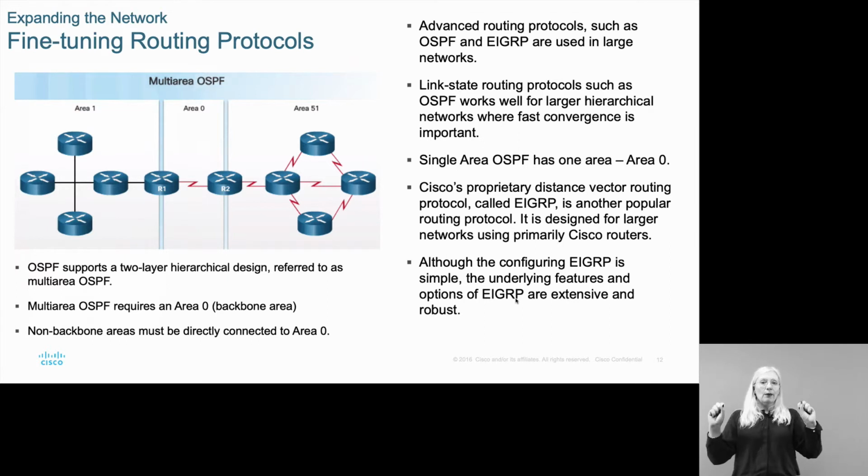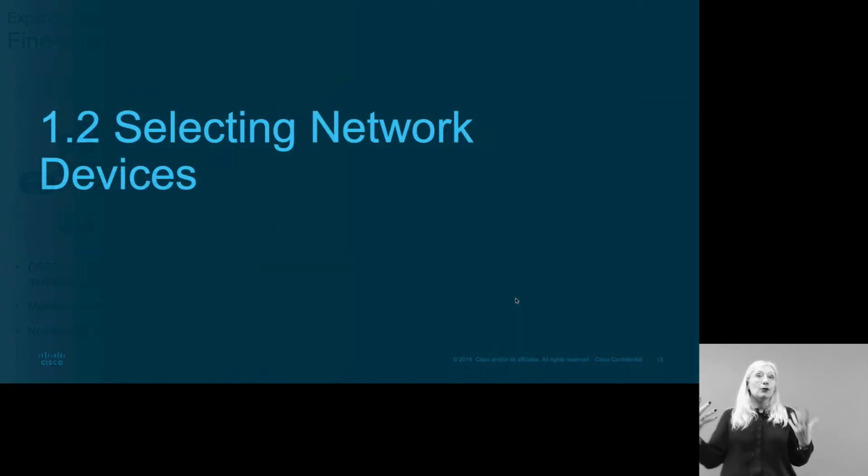So we will only have them within smaller areas, and then they will exchange information between the different areas. So scaling up is important when we choose the routing protocol. And there are different ways to fine-tune it. Also, EIGRP will be able to fine-tune. Yeah, and that was the first part.